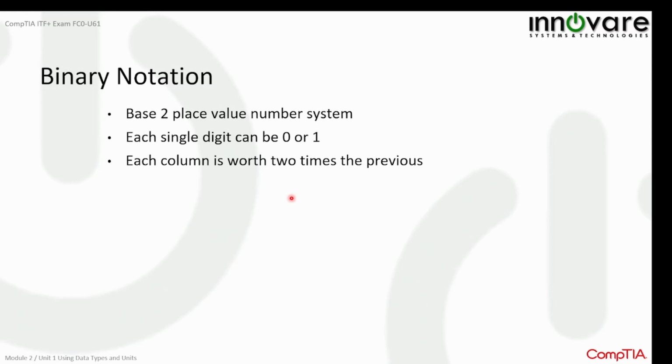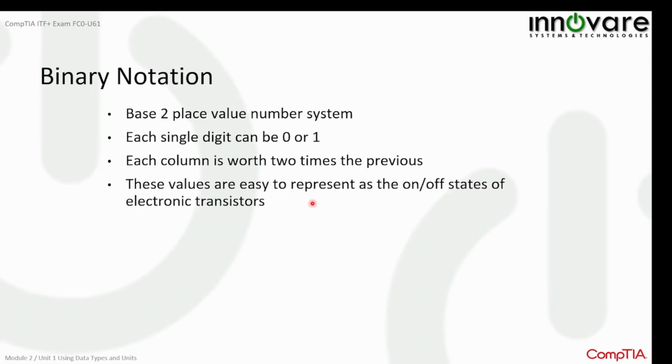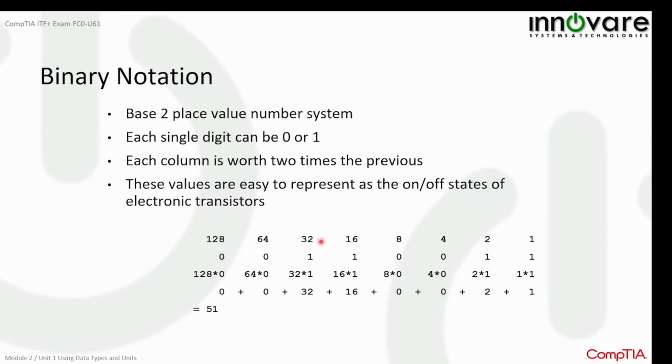These are easy to represent, and these are mostly used when it comes to electronics and computer communications. It's all about zeros and ones. When they say 0s and 1s, these are binaries. Now, let's look more into detail when it comes to binary computation.